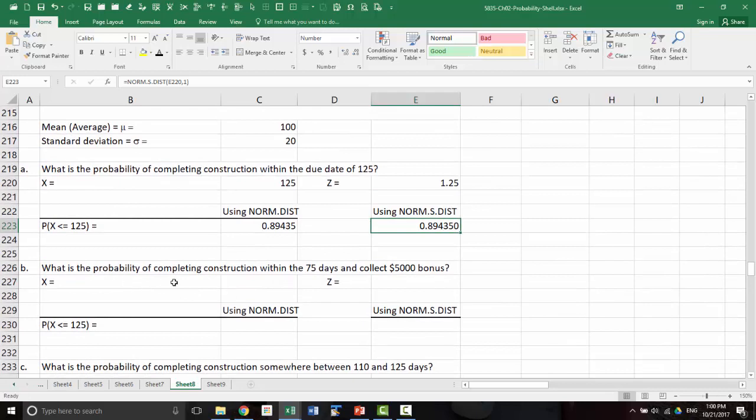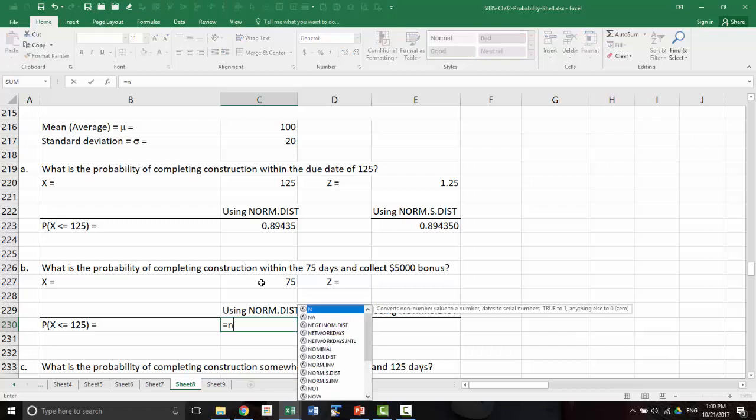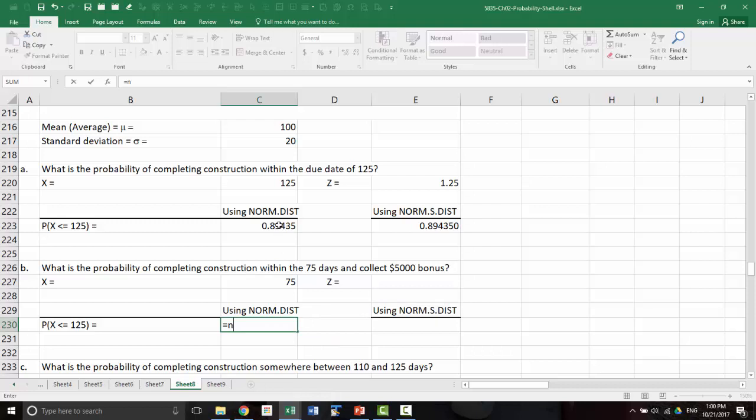So what is the probability of completing the project within 75 days? Within 75 days is cumulative probability. You don't care whether z is positive or negative. So all we have to do is to do a NORM.DIST. Now I can copy that formula because I have absolute references. So that's the probability.